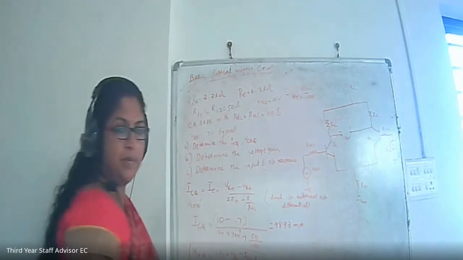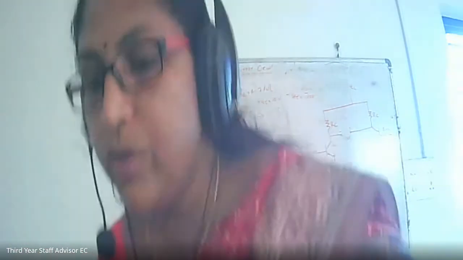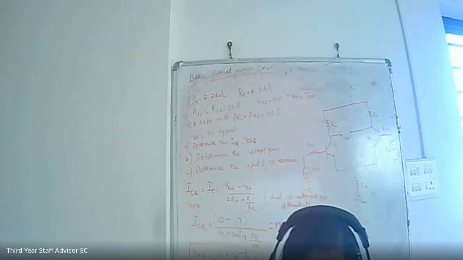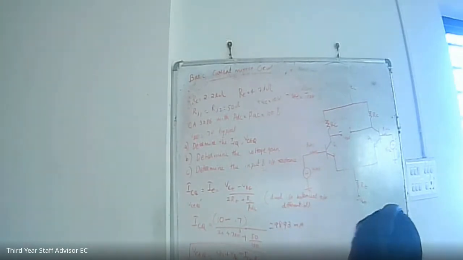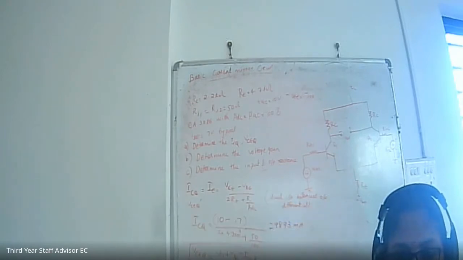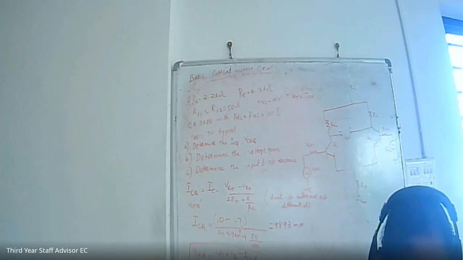Okay, you can substitute the value and you will get the answer. So what is VCEQ? 10 plus 0.7 minus.